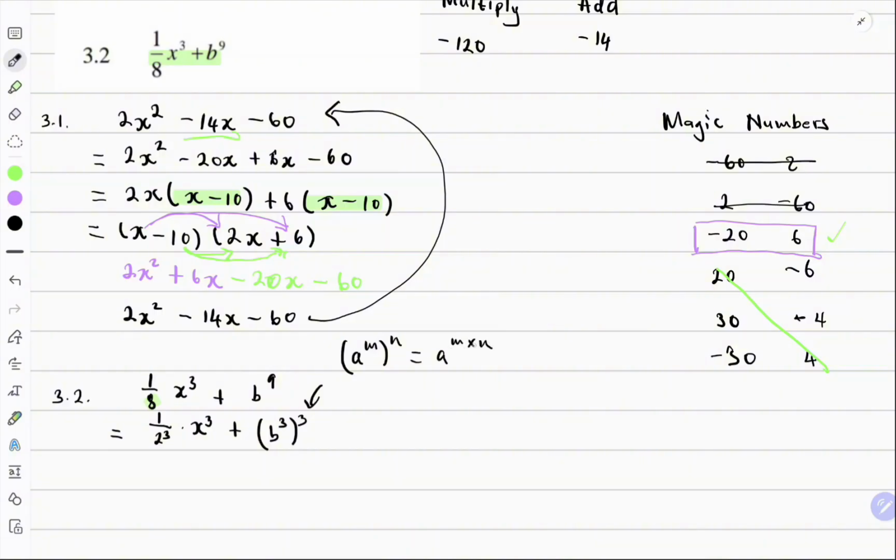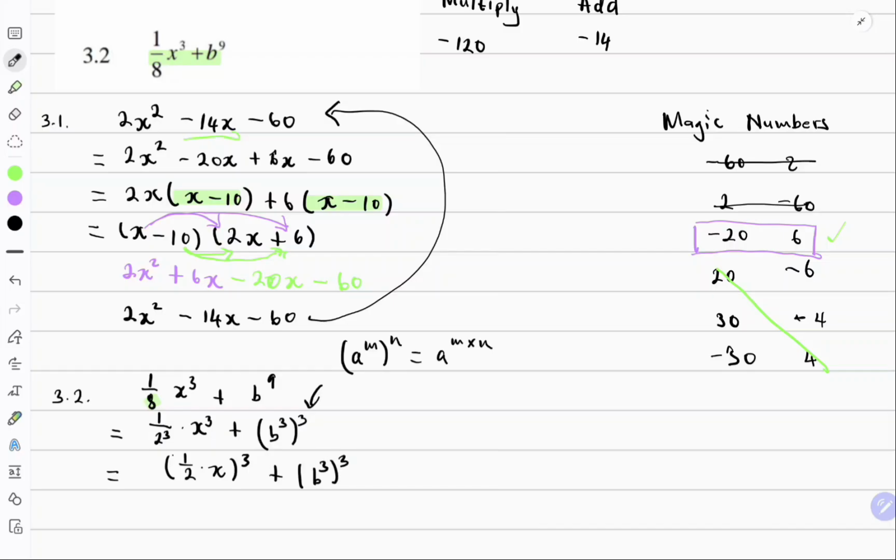In this case, your m and your n is 3, so 3 times 3 is 9. When you work with the power rule, you multiply the exponents. Now you'll notice that you can take out the power of 3 here. So it's half times x, raised to the power of 3, plus b cubed raised to the power of 3.